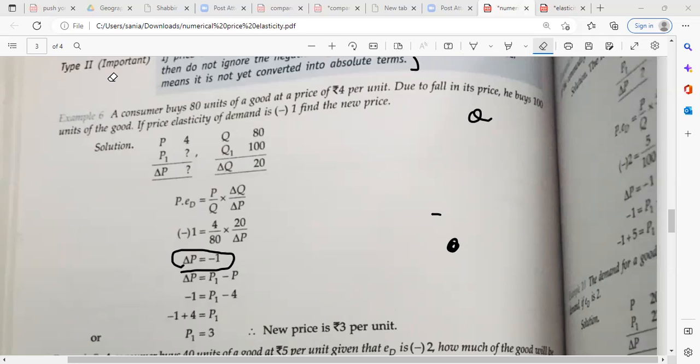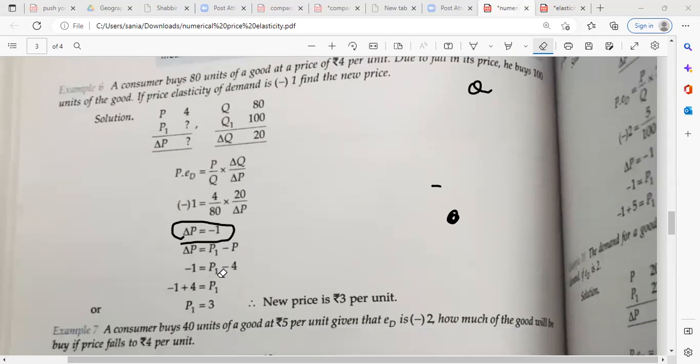Ma'am, done. Okay, Ritika. So you will do the next one, this one.